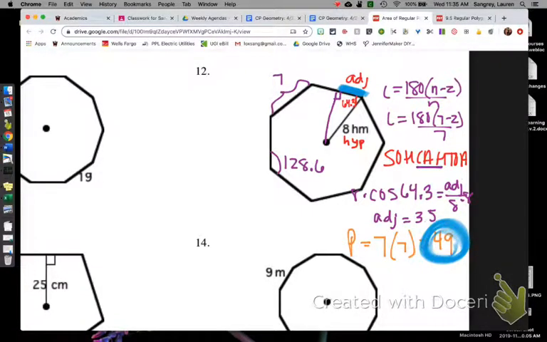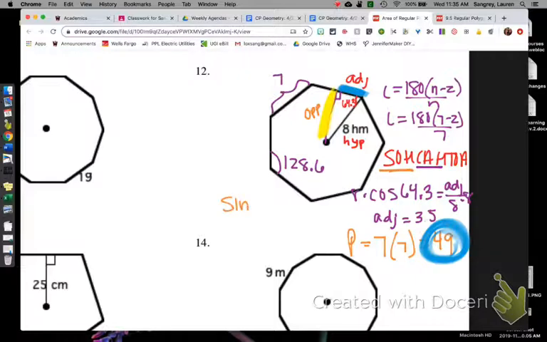That's one of the things we're going to need for our formula. The last thing we need is our apothem, which I'm highlighting in yellow. So that is now the opposite side, and I know the hypotenuse. So now we're going to be using sine.